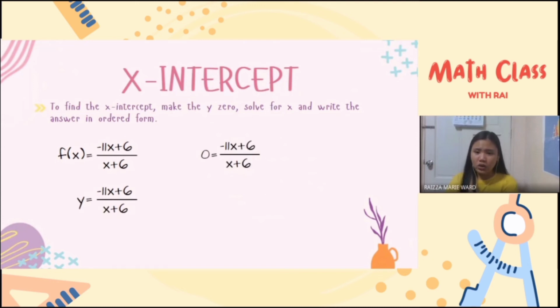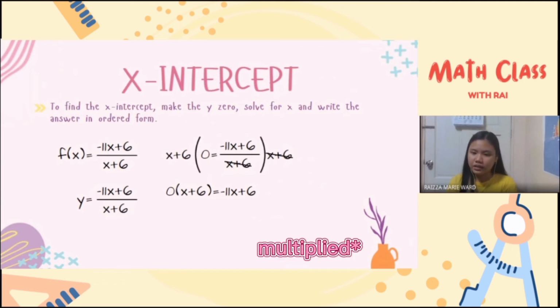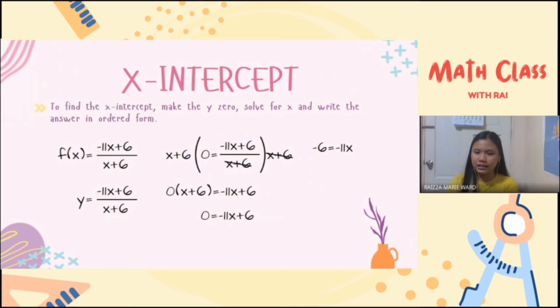Make the y 0, then solve the x. Multiply x plus 6 both sides to cancel the denominator. Cancel. Multiply 0 sa x plus 6, which is 0 then, dahil any number divided by 0 is equal to 0. 0 is equal to negative 11x plus 6. Transpose 6 sa kabilang side to isolate the y.